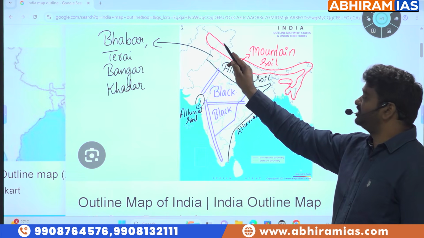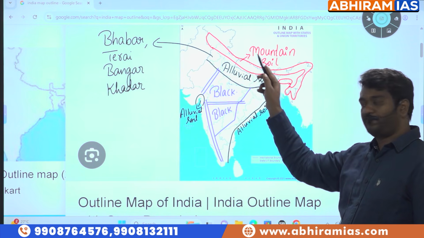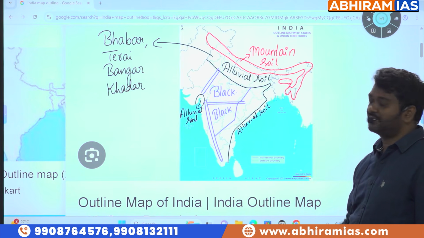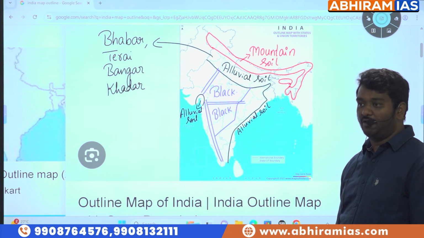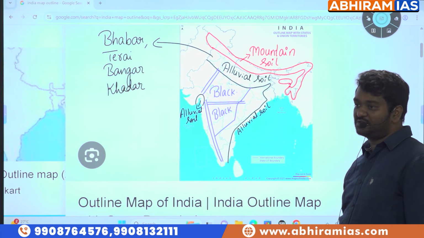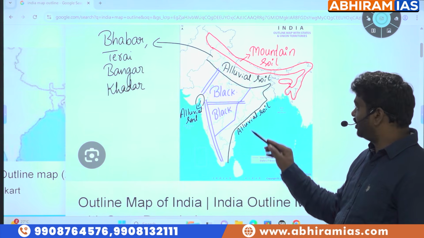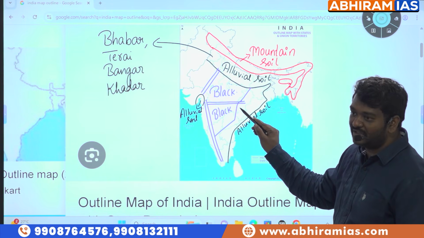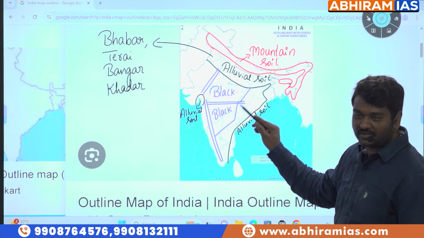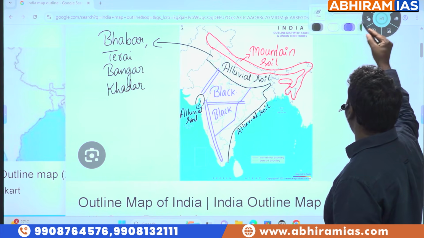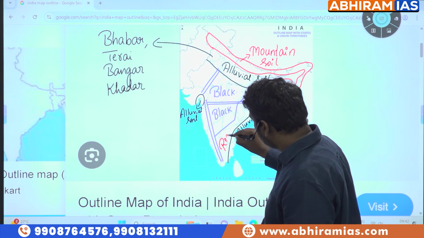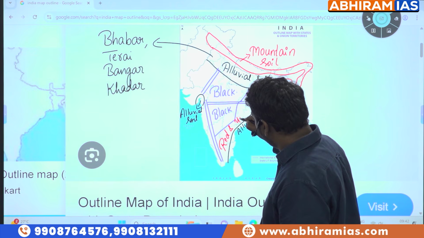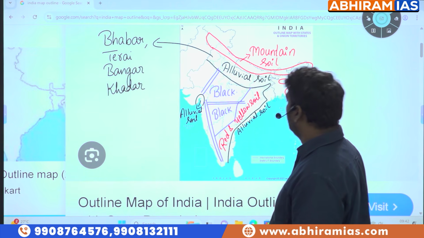Mountain soils, which states will come? All the Himalayan states. Great Plains, which soil will be there? Alluvial soil. East Coast, which soil will be there? Alluvial soil. Above Vindhyas and below Vindhyas, which soil will be there? Black soil. In the remaining part, red and yellow soil.